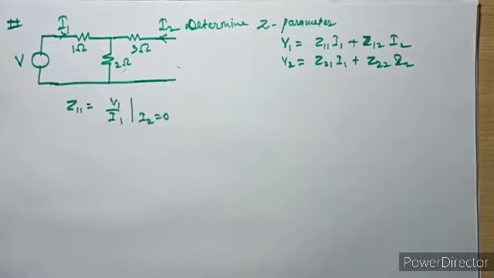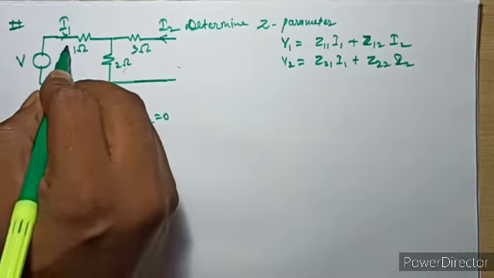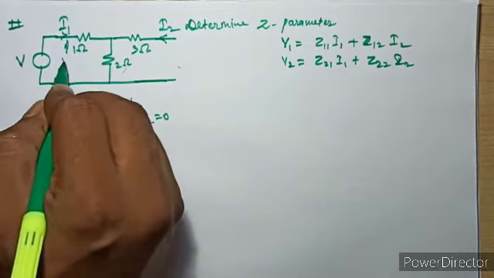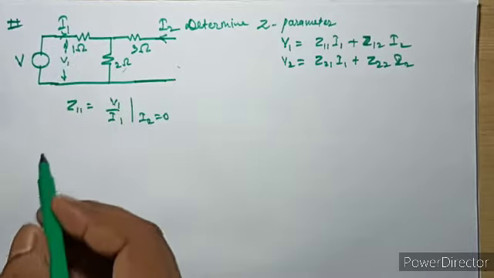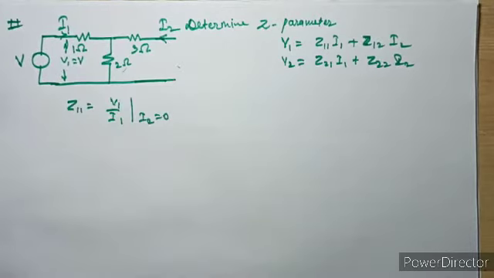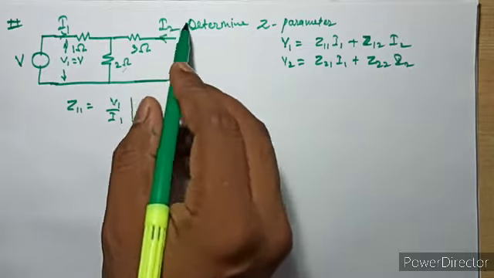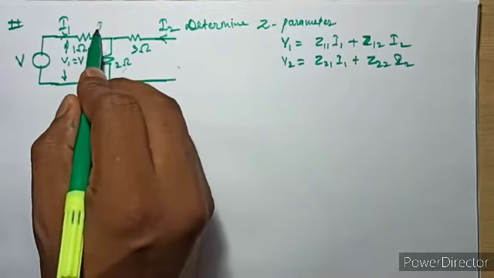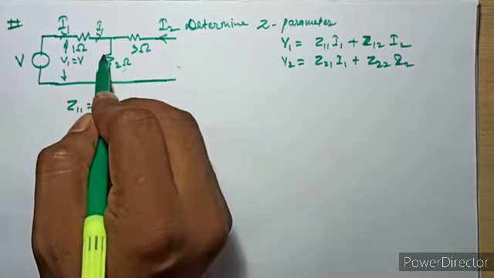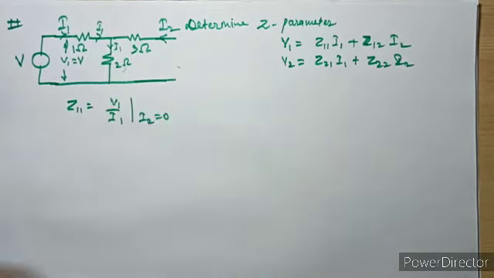After applying this voltage source V, our port 1 voltage V1 will be V, and in that case, since this is open circuited, I2 will be 0 and this I1 will circulate through this resistor.